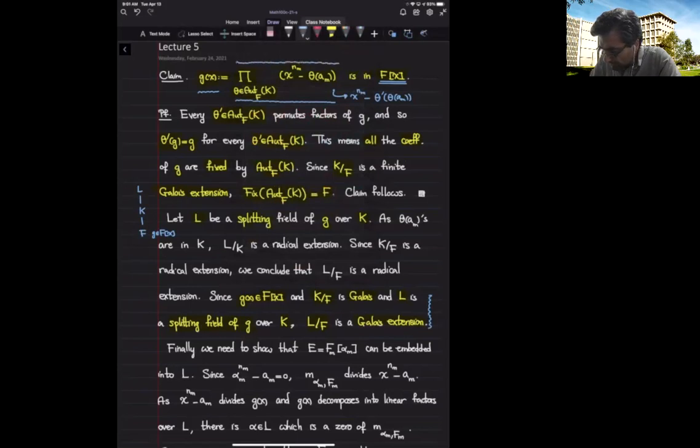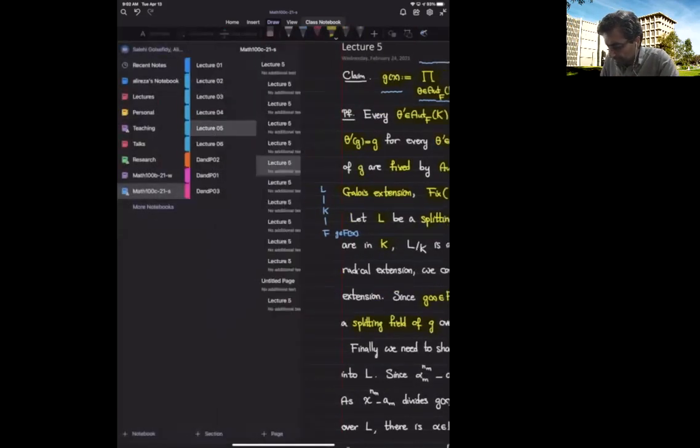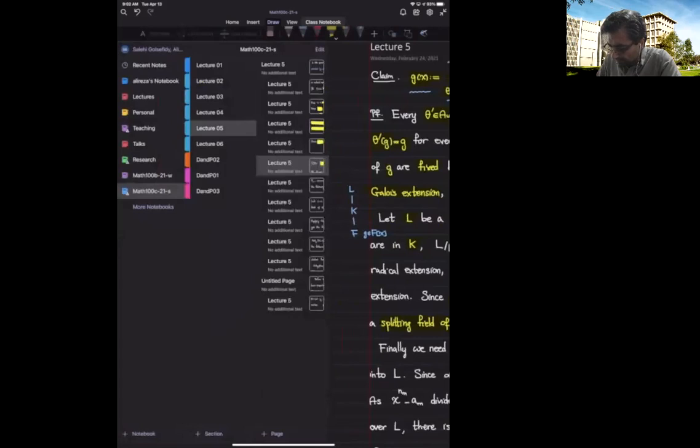So it's a splitting field of the product of x to the power n minus some elements inside the field K. You see, all of these theta of a sub m's belong to the field K. And now I'm considering a splitting field of this binomial, and this is exactly what we have over here.